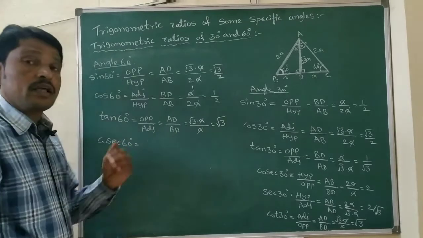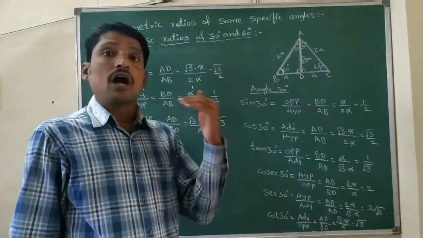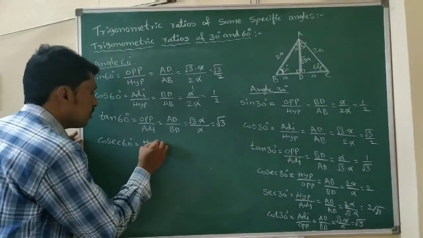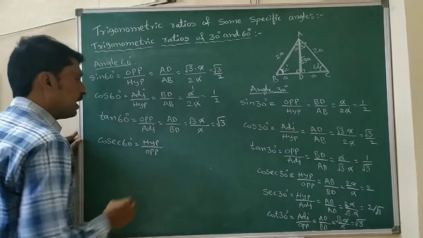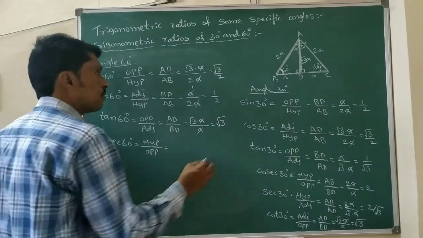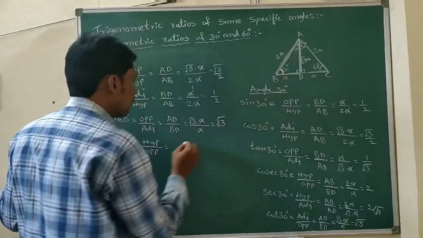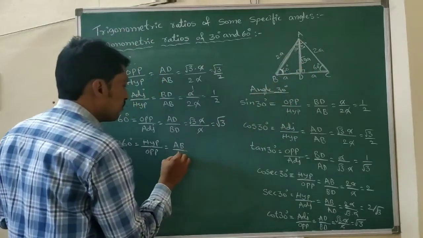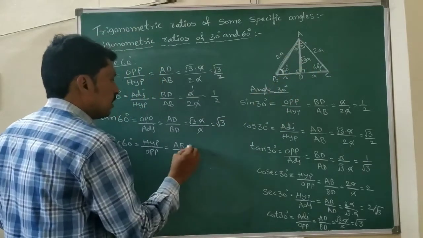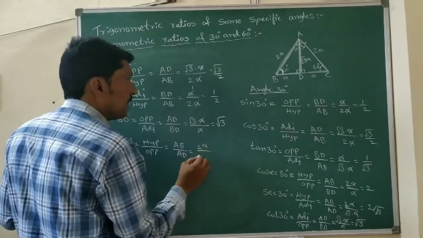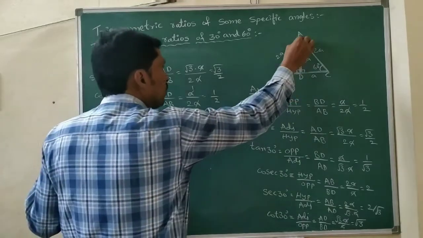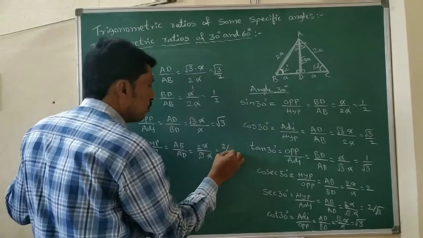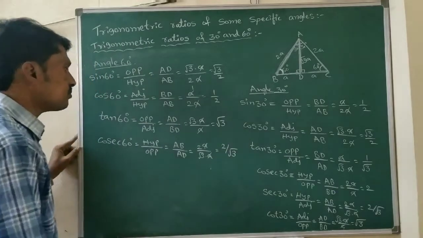What is cosec? Length of the hypotenuse by opposite side to angle 60 degrees. Hypotenuse is AB by opposite AD. That equals AB value 2A by AD value root 3 into A. A gets cancelled, means 2 by root 3 is the answer.